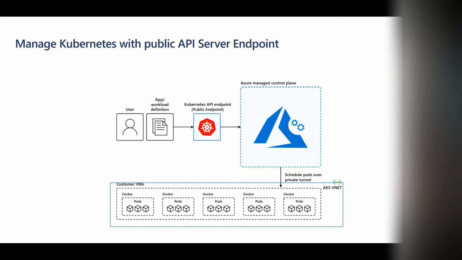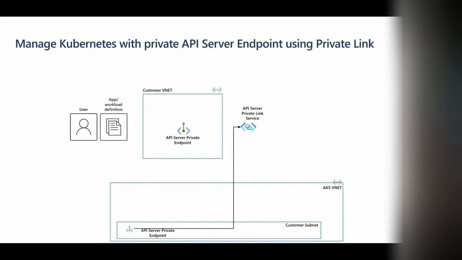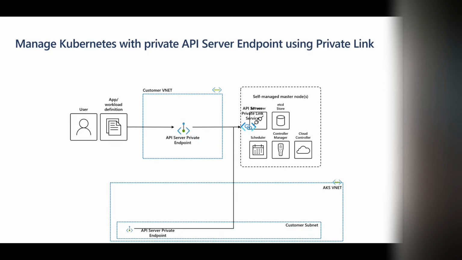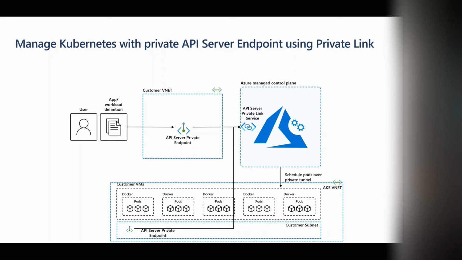To meet the requirements of enterprise customers, this model came into existence, which is GA now: the ability to have a private cluster. What is a private cluster? In that cluster, you don't have any public endpoint to the API server. There is a private link service sitting on top of the API server load balancer, and you create private endpoints.